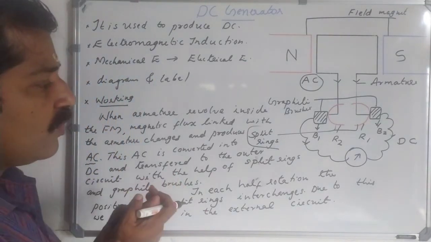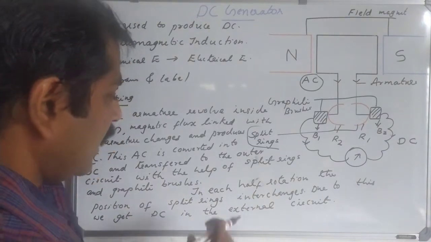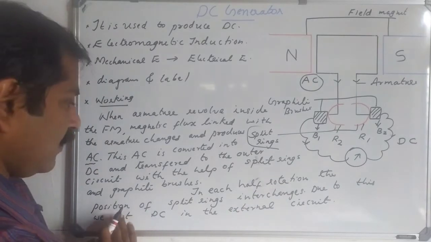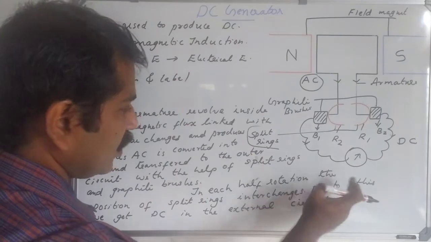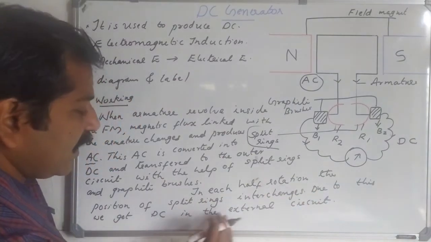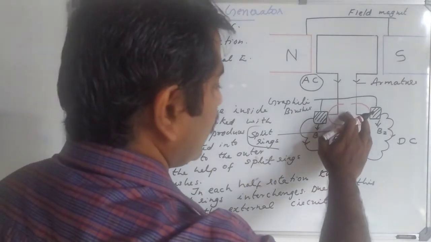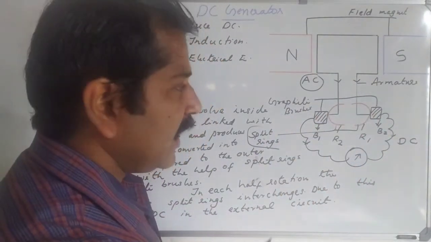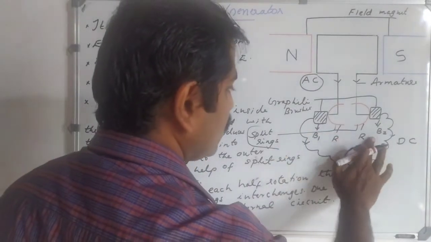Then how does the split ring convert AC into DC? In each half rotation, the position of the split rings interchanges. Due to this, we get DC in the external circuit. When this armature rotates, in each half rotation, so first of all assume this.